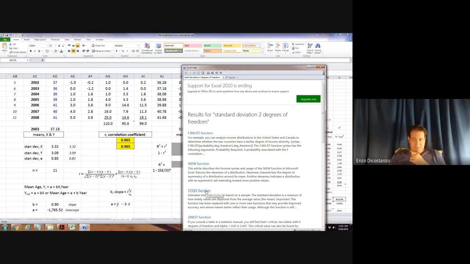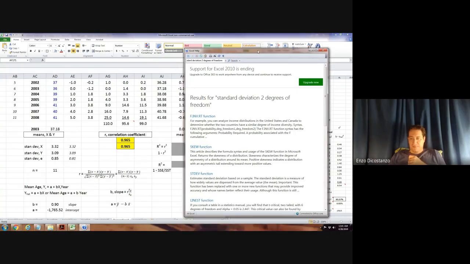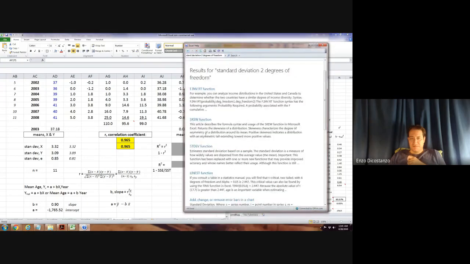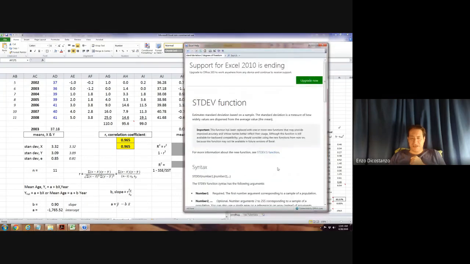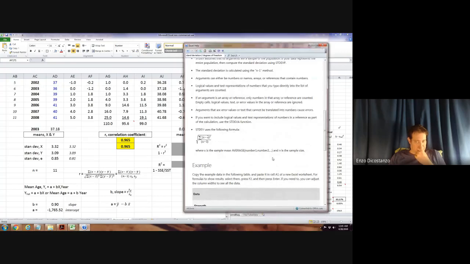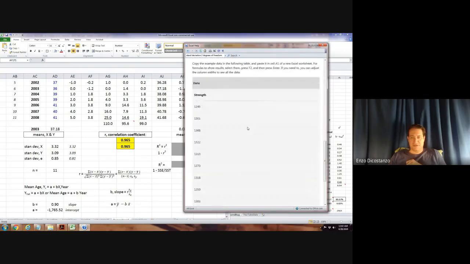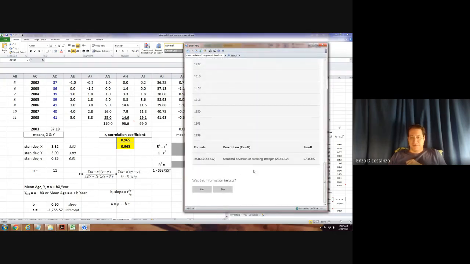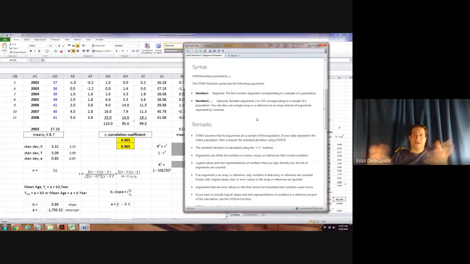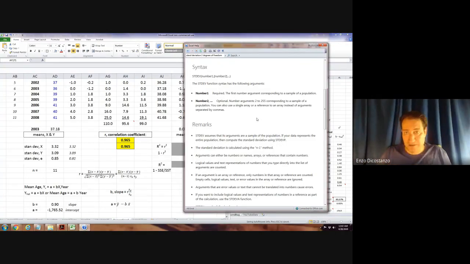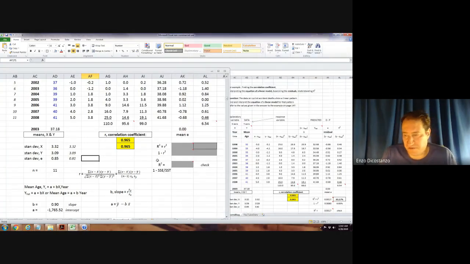This is the standard deviation function. I don't see it, because see, this is by n minus 1. So this is how Excel does it, this is their standard deviation. We want n minus 2, and this is an example of that. So there's a lot of help in Excel. If you just hit the help button, there's a lot of help in this. We'll leave that there for later.